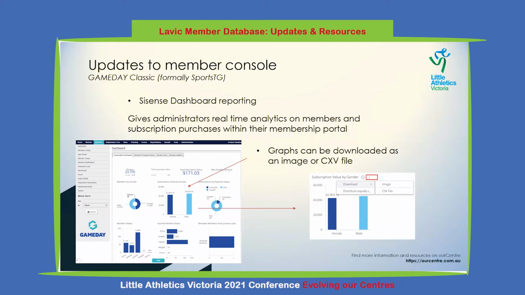The following analytics can be viewed: total numbers of members, total subscription value, average subscription value, merchandise shop amount, if applicable, members by gender, subscription values by gender, subs by payment status, member statuses, expired unfinancial member statuses, renewed members from the previous season. More work will be done over time with this space, so feel free to explore and provide some feedback. The great part about this feature is that the graphs can be downloaded as an image or even a CSV file.